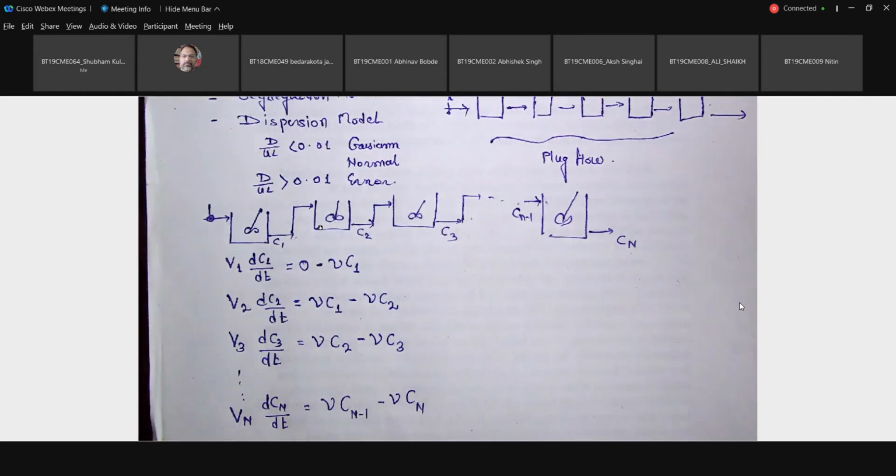So this will be the simple mathematical balance equation, and I hope that you should know this particular one.